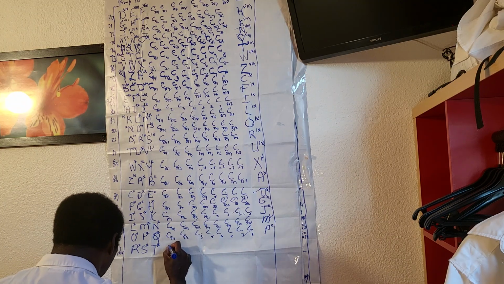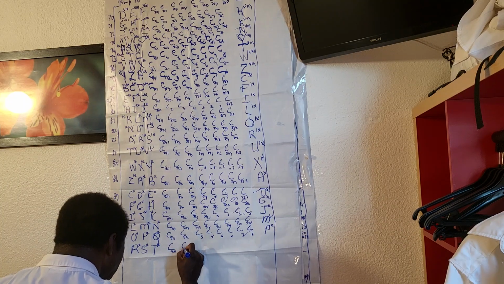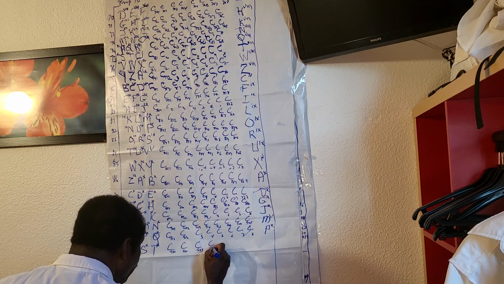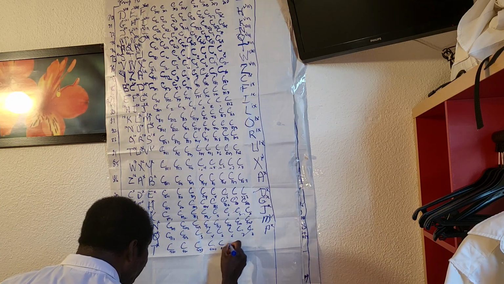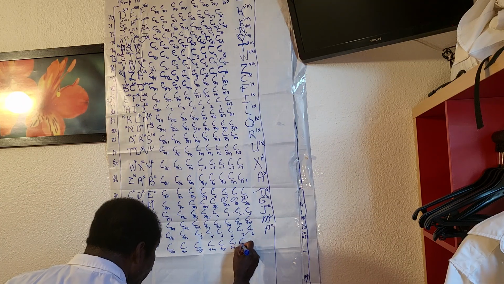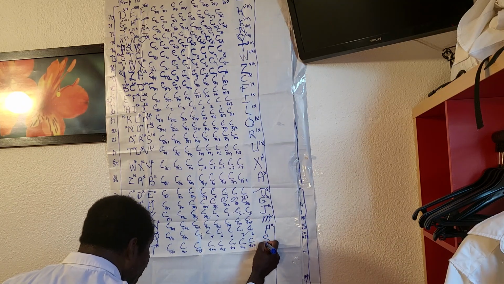And we have now C 92.1, C 92.2, C 92.3, C uranium 92.4, C uranium 92.5, C uranium 92.6, C uranium 92.7, C uranium 92.8, we have an S of X there.